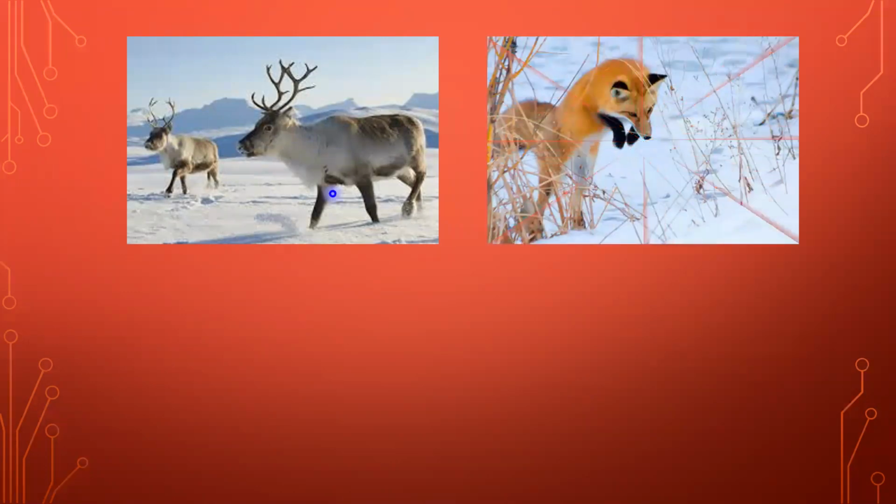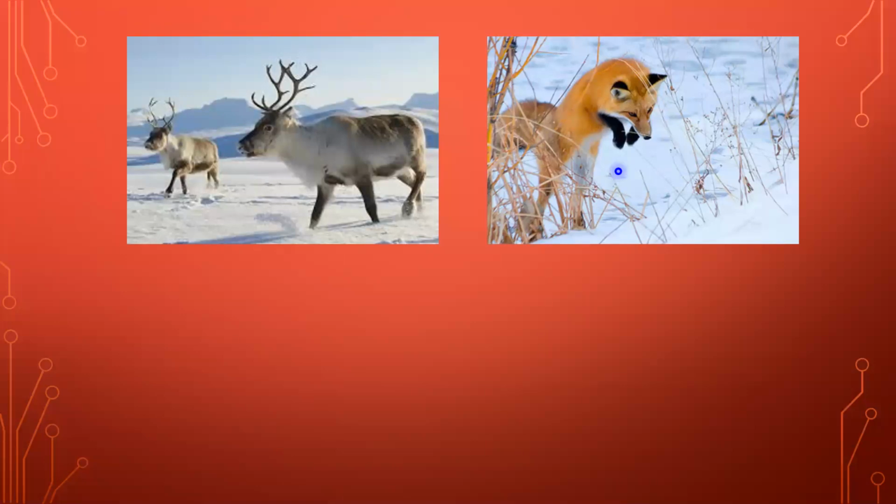Then another animal: I told you that the fox also lives in such extreme cold regions. You can easily see that. This image is captured when the fox is hunting. That means it is finding something below the snow, or its prey is there and it is catching that prey. So right now it is playing the role of a predator. This fox is referred to as a predator and it is hunting its prey.